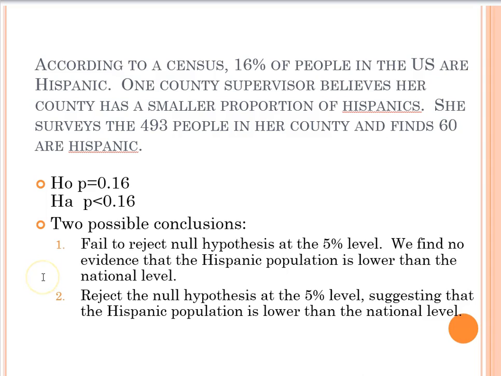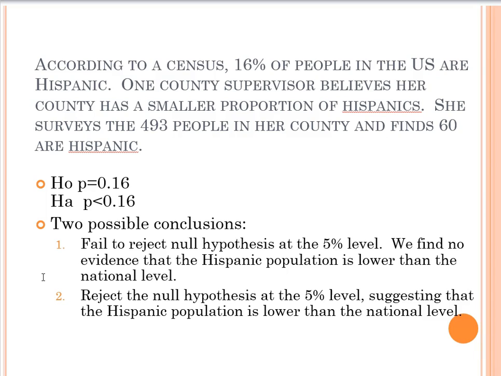So here in this problem, we're looking at a census, and it found that 16% of people in the U.S. are Hispanic. However, in one county, the supervisor there believed that her county has a smaller proportion of Hispanics, and she sampled some of the people in her county.